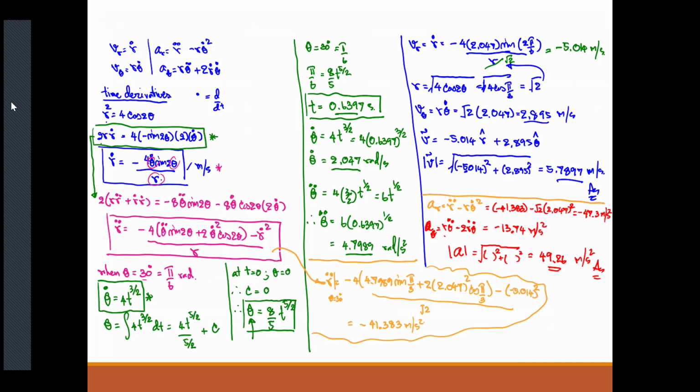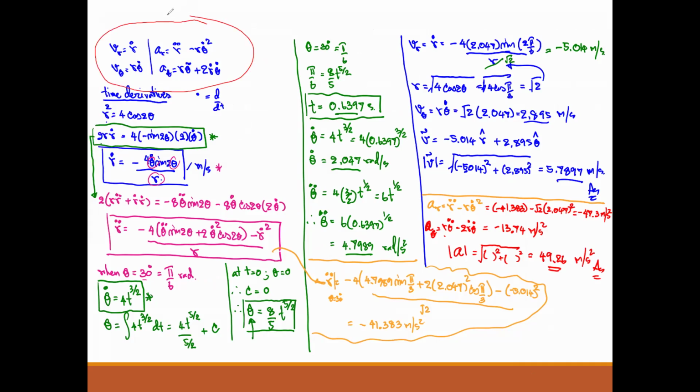Because we already know the formula that is over here, and we already know the r function. The r function is in the square term. Actually, you may change it to be r equal to the square root of 4 cosine 2 theta also, but it may be more convenient to directly take the derivative of both sides.